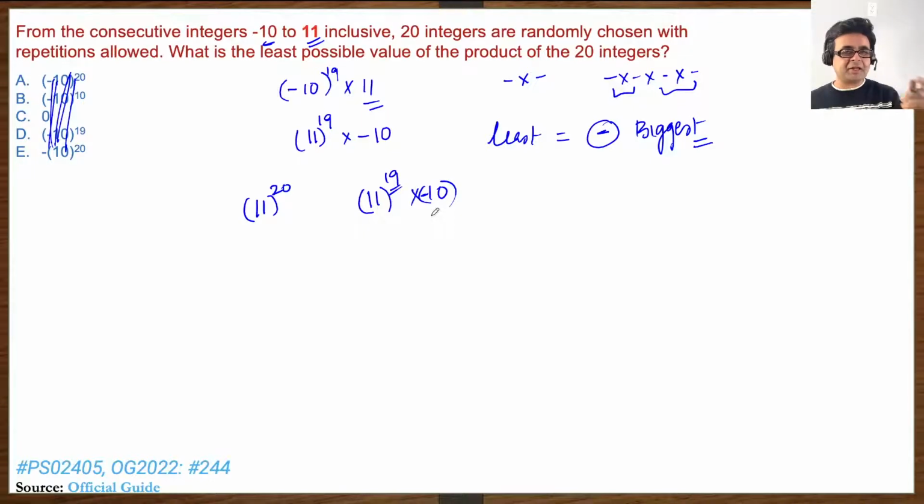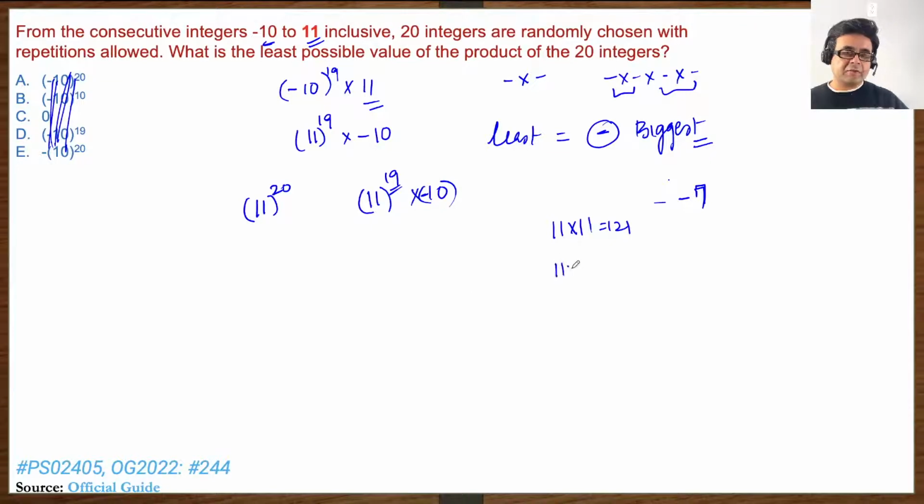And why am I caring about the magnitude? Let's say I have 7. If 7 is the largest number, then minus 7 would be the least number. So if I was picking only two numbers, I had a possibility of picking 11 and 11, which would be 121, but it cannot be negative because 11 is only on the positive side, not on the negative side.